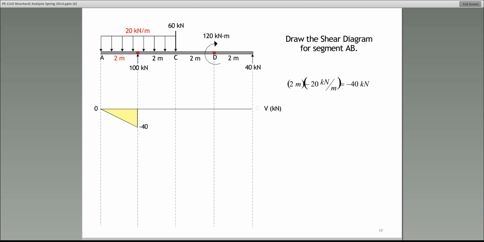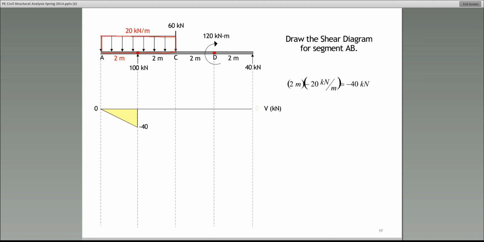Matthew is saying, how do you convert a distributed load into a single point load? Okay, let's take a look at this while we are looking at this slide. Let's concentrate on this rectangular load. We have 20 kilonewton per meter. It's a rectangular load. Think about it.